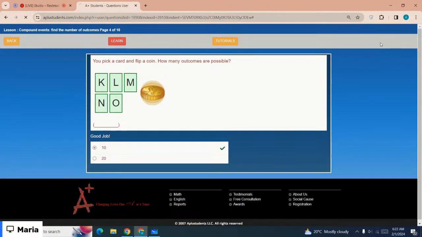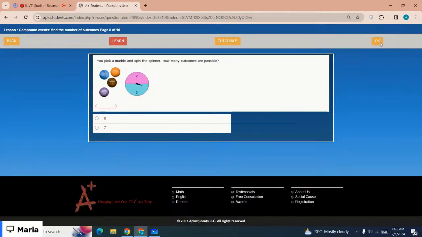The next one is you pick a marble and spin the spinner. How many outcomes are possible? Which is the correct option?